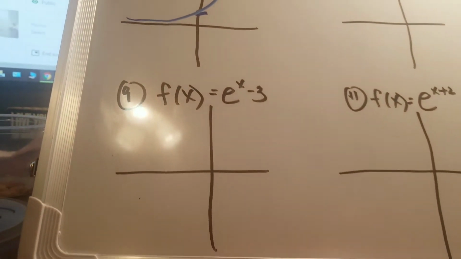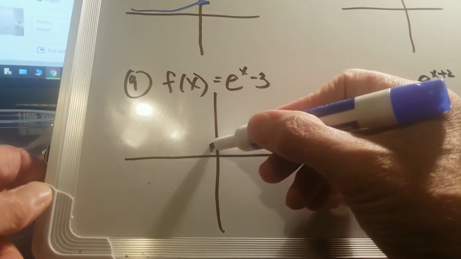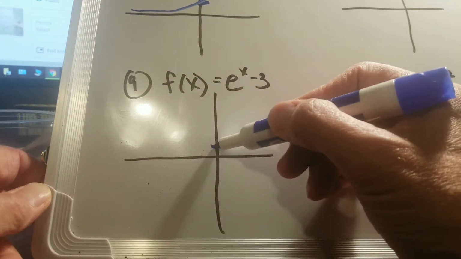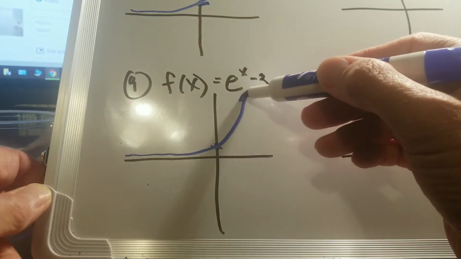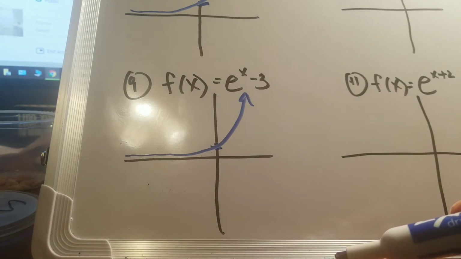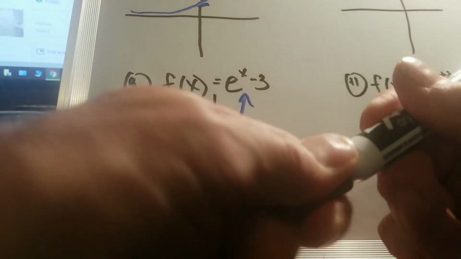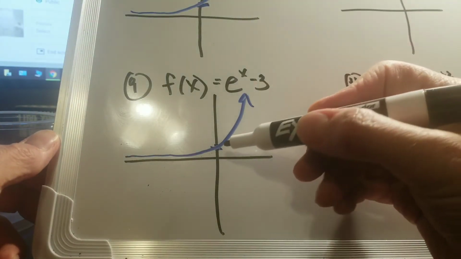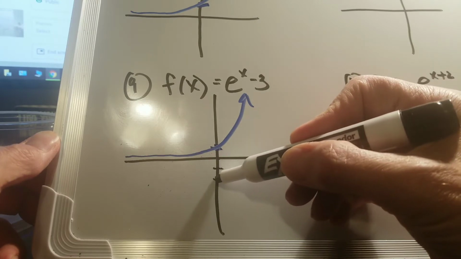Okay, coming down to this one. I will do the original, and then I will do the new. Y equals e to the x. This is this right here. And using black, it says -3, so that means drop this 3 down. 1, 2, 3.